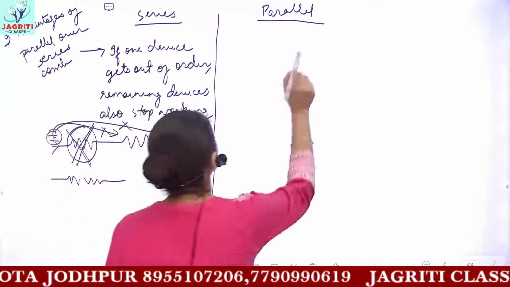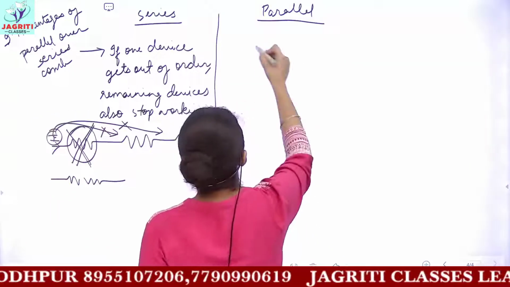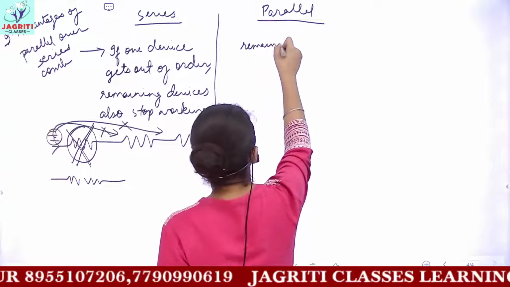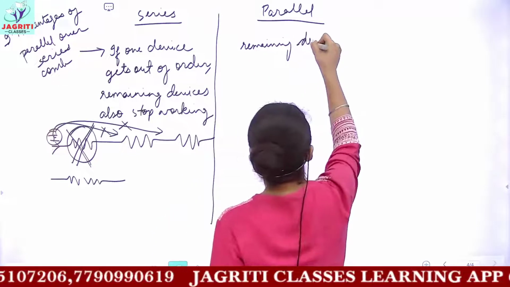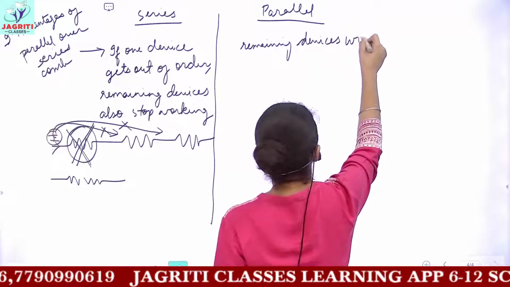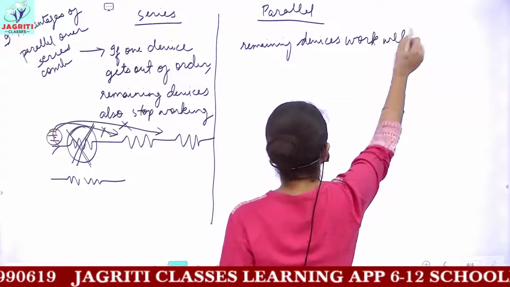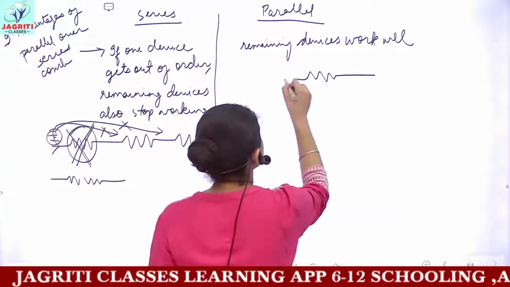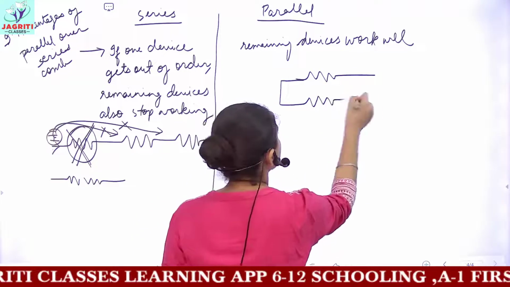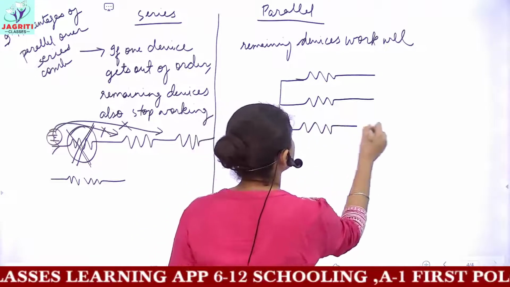Whereas in parallel, if one device gets out of order, the remaining devices still work well. Why? Let's suppose this is one device, this one is the second, and this one is the third device.